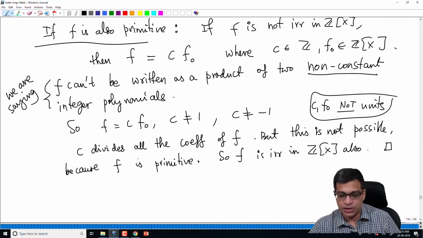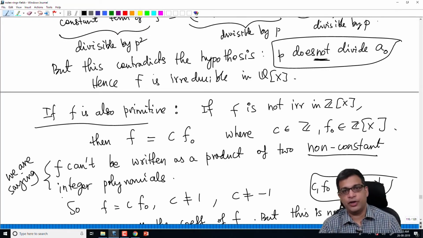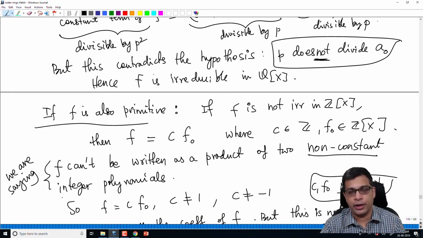So this completes the proof. We first proved that f is irreducible in Qx. Then we immediately conclude that the only way that it is not irreducible in Zx is that it's an integer times a polynomial, because it cannot be written as a product of two non-constant polynomials. That's clear. Because if it can be written as a product of two non-constant integer polynomials, then it can be written as a product of two non-constant rational polynomials, violating the irreducibility in Qx.